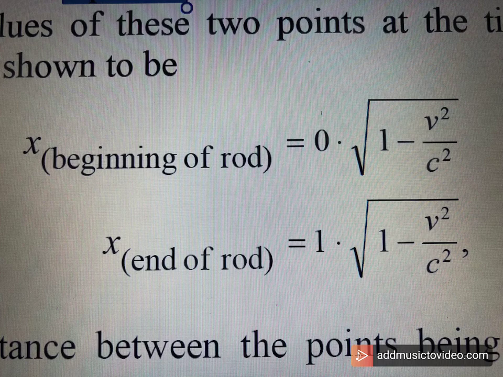The distance between the points being square root of 1 minus v squared over c squared.